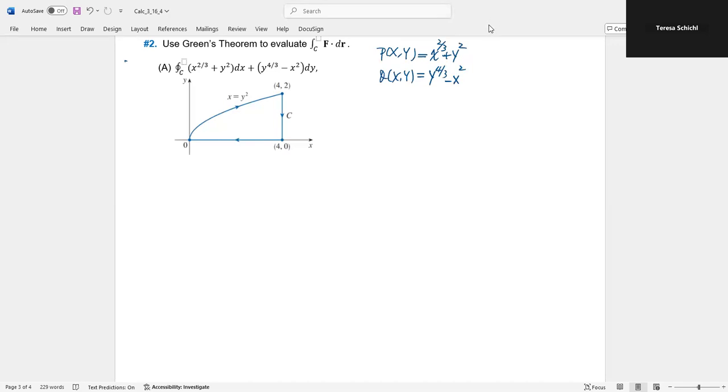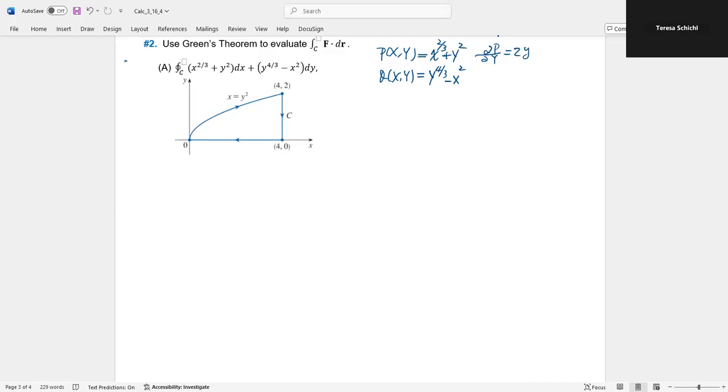Okay, so now let's do partial P partial y. This will be 2y, right? So it will be 2y.